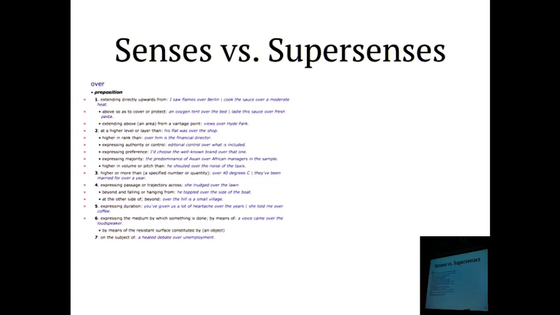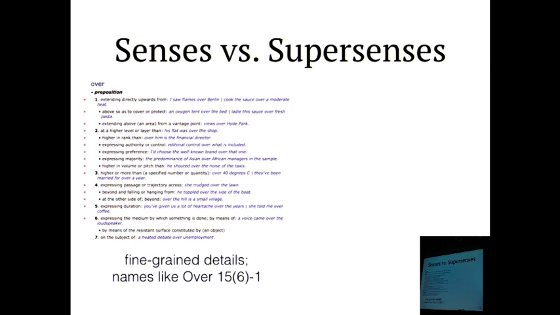There are two kinds of labels you can use in lexical semantics. One is to take a dictionary definition approach. So in the classical word sense disambiguation approach, you take a particular word and then you look at all the different ways it can be used and write definitions for those, and then you disambiguate into specific senses.